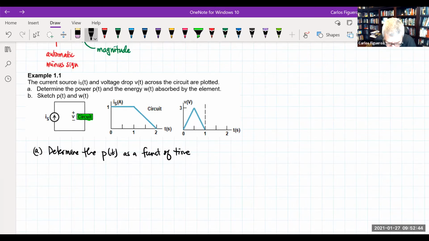So what that means here is that I have to get the parameterization of the current and the voltage. So let's look at this thing. When I look at this current, what I'm really doing here is that this guy and that guy are functions of time.